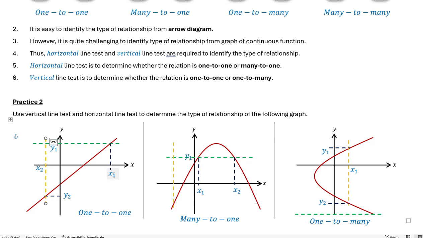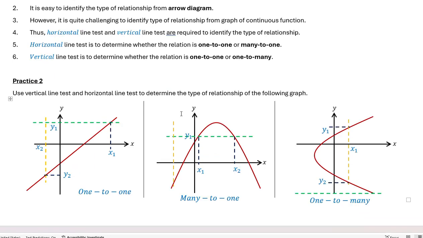So, in conclusion, by using both the horizontal line test and the vertical line test, the relation is only 1 to 1.